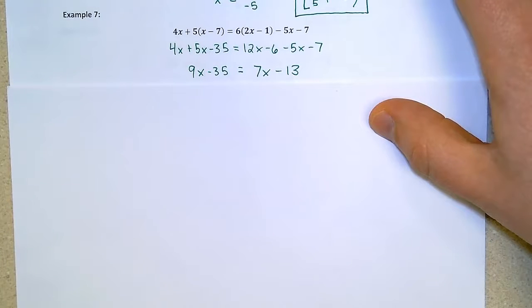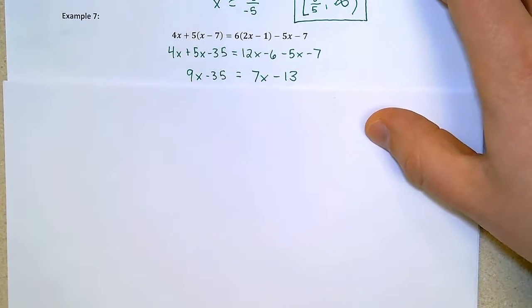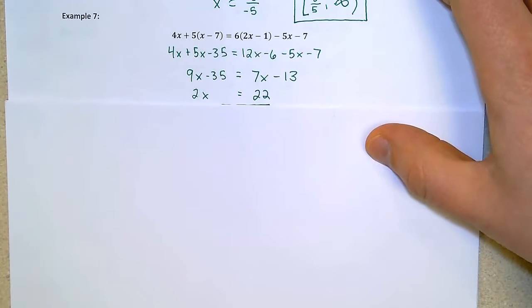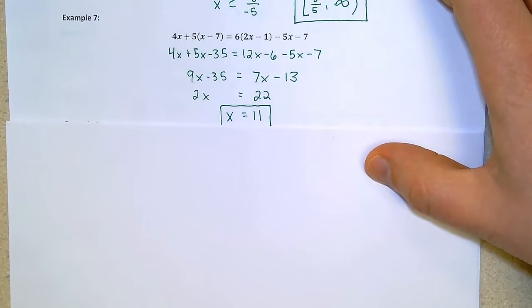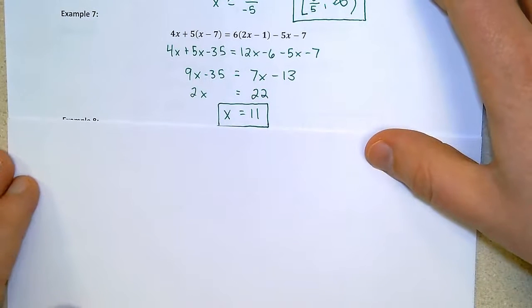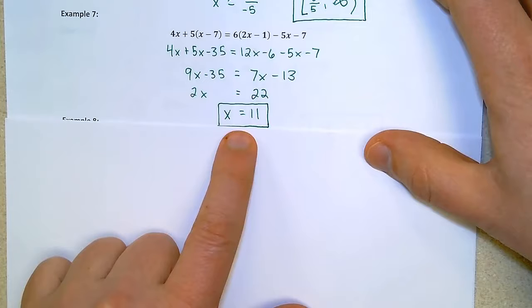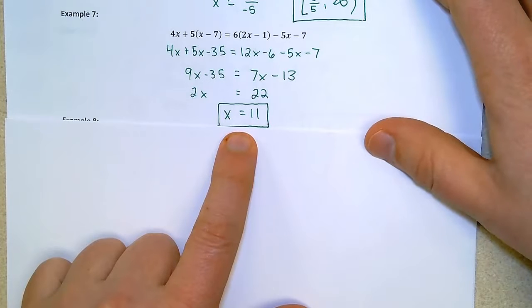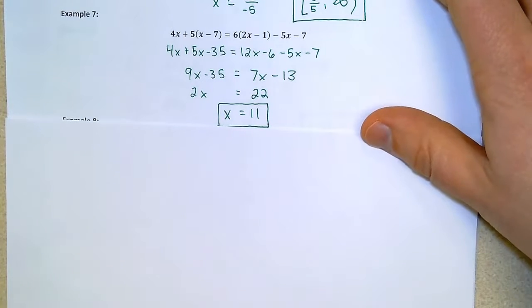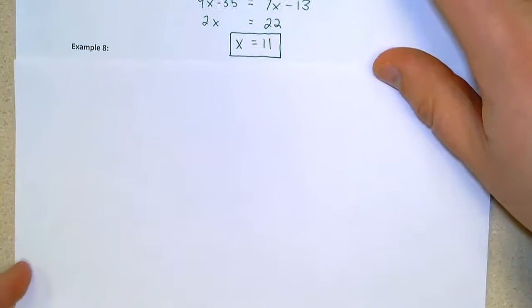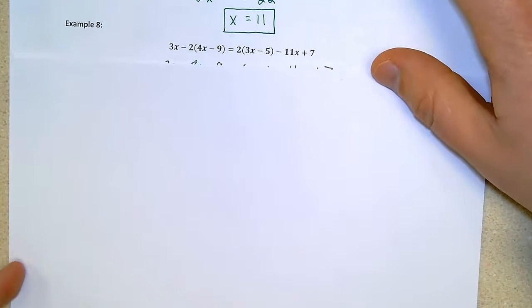Then we're going to subtract 7x from both sides and add 35 to both sides. And we come out with a nice, clean, beautiful number of x equals 11. This is not a fractional answer. Quite nice.